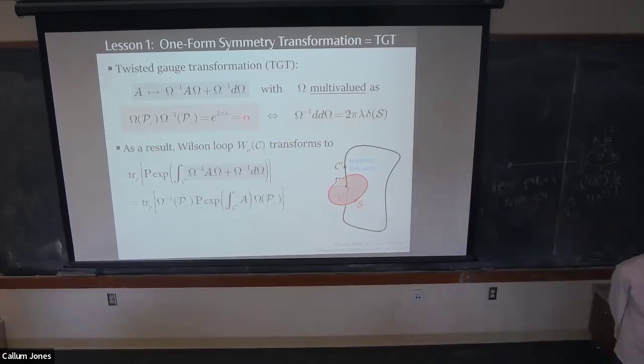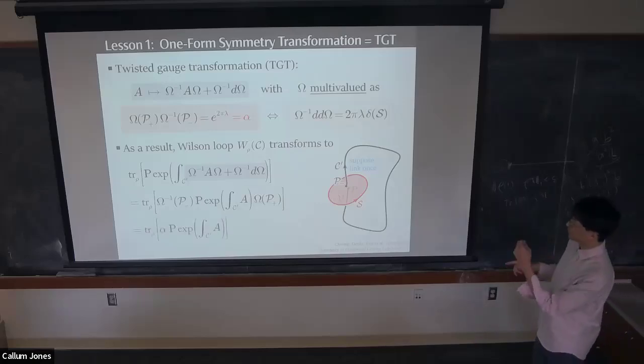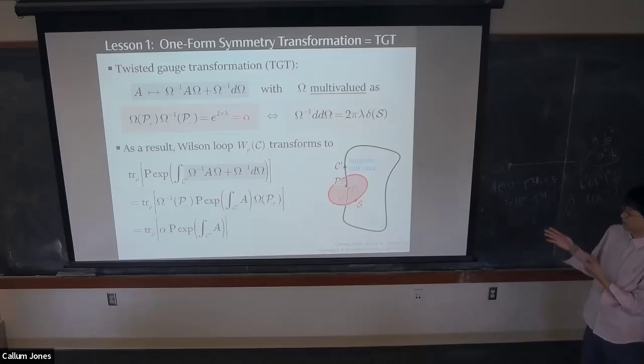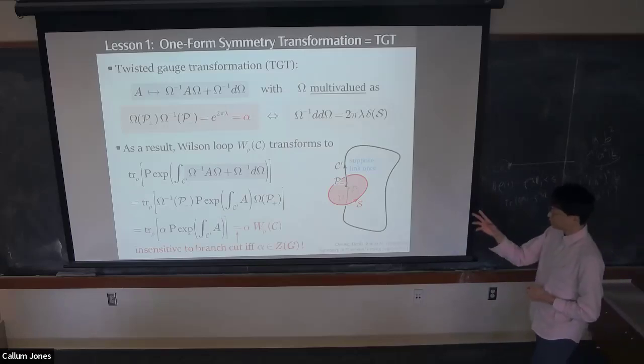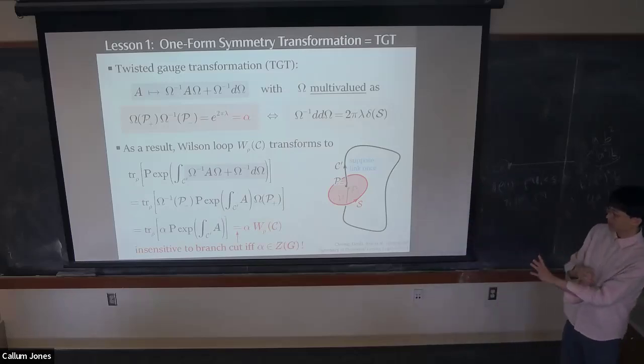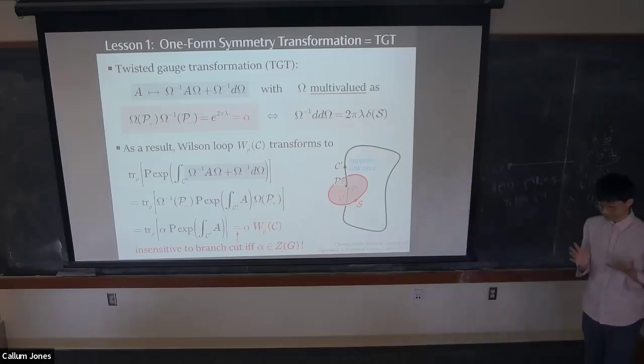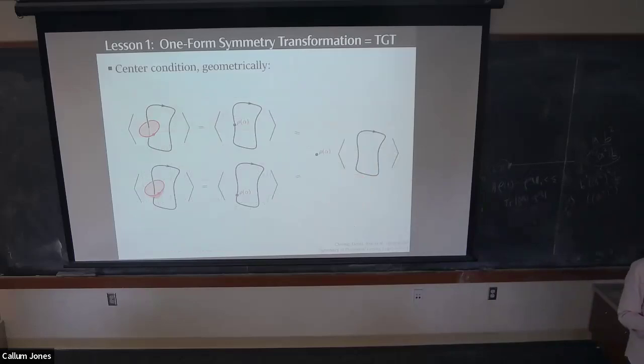By direct algebra, we know that the Wilson loop at the endpoints will transform with omega and omega inverse. But we stipulated that the discontinuity condition of this multi-valued parameter omega is given by the center element. And crucially, we can take the center element outside of the trace, because the center, by definition, commutes with every element in the group.